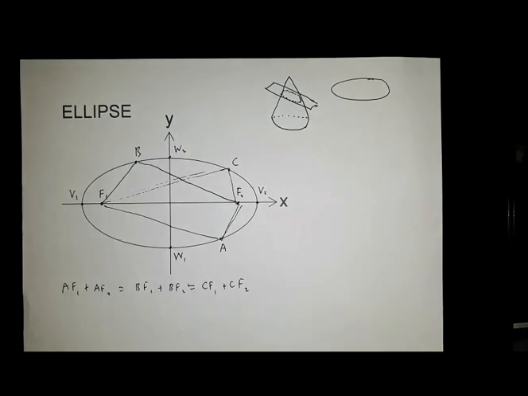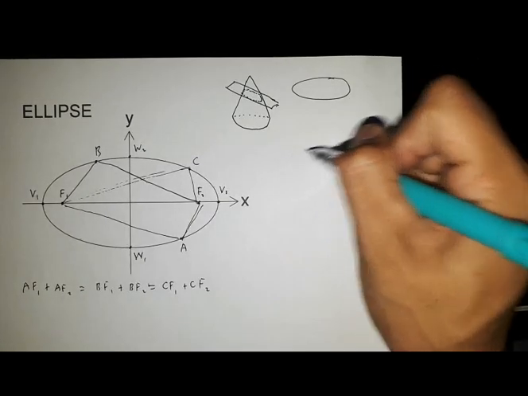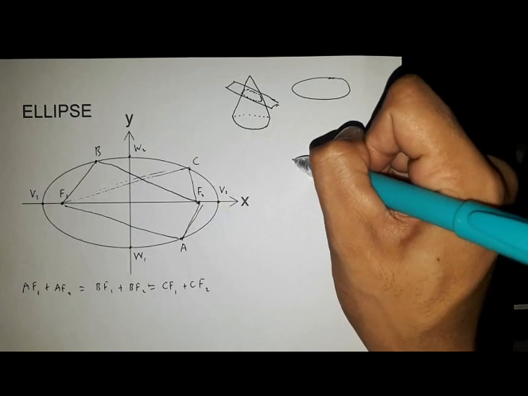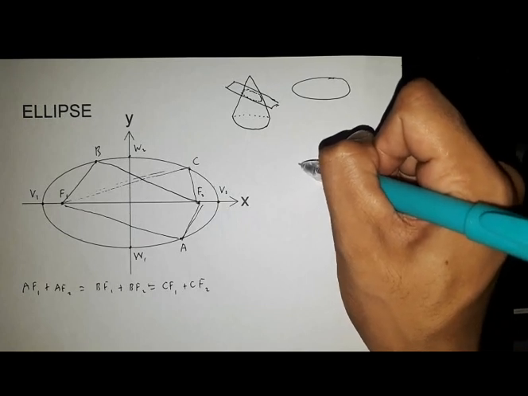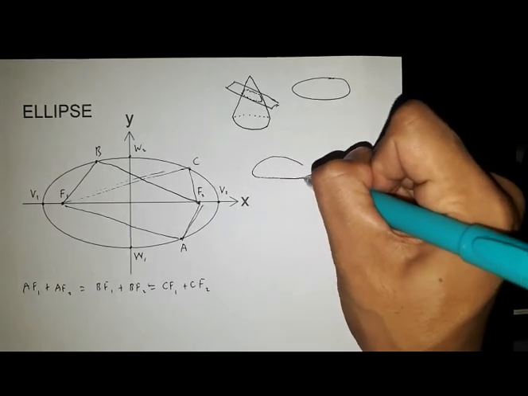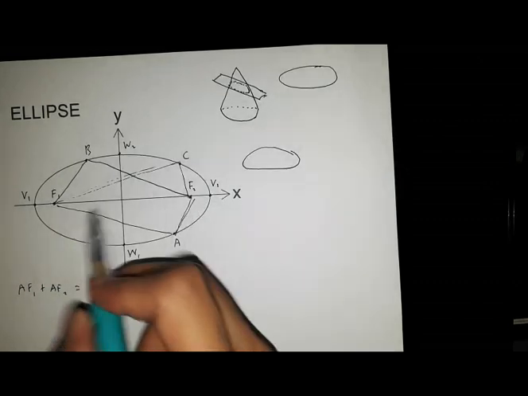Now, the ellipse could either be horizontal or vertical with reference to the major axis. So this is your major axis, the longer axis.